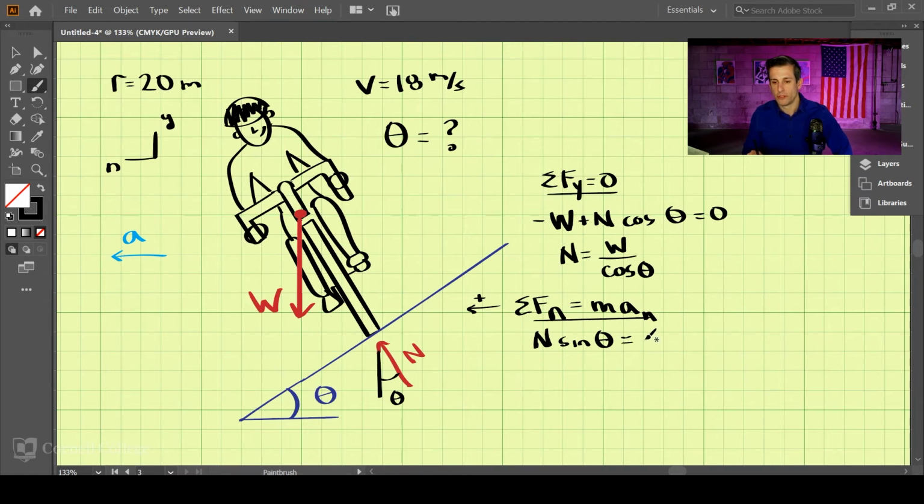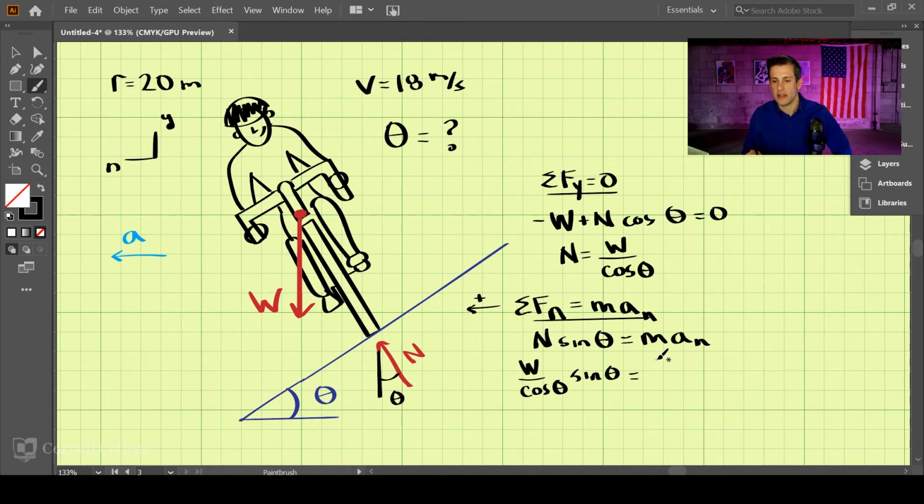And that is equal to the mass times the acceleration in the normal direction. So where do we go from here? Well, we know what N is. So we can plug in N, so we get W over cosine theta times sine theta.